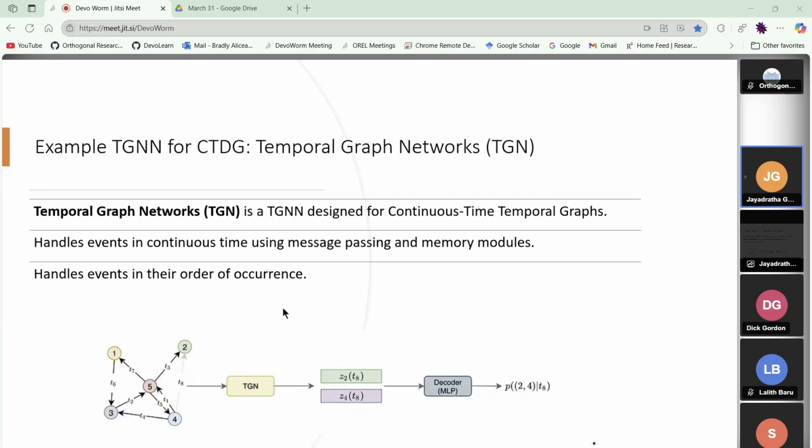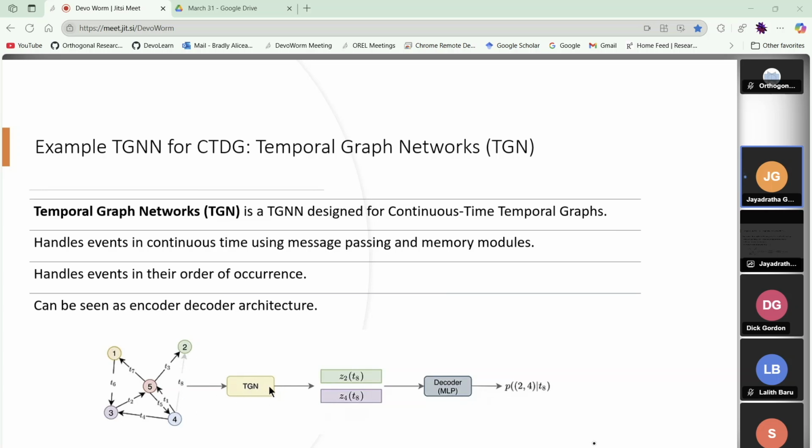So now I am showing an example of a CTDG, that is TGN. We can show it as an encoder-decoder kind of network. So there is a CTDG graph, and we use TGN, and suppose, based on the previous information, we want to see if there will be any edge at T8, between 2 and 4.